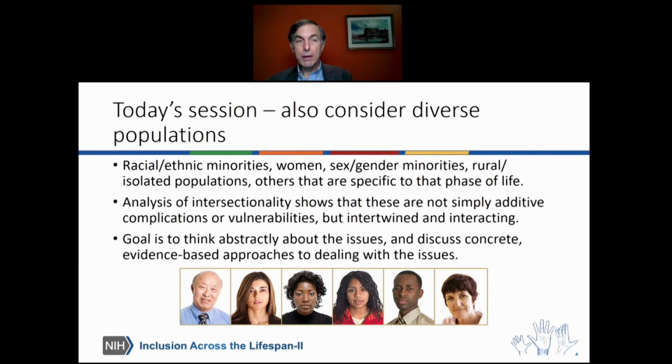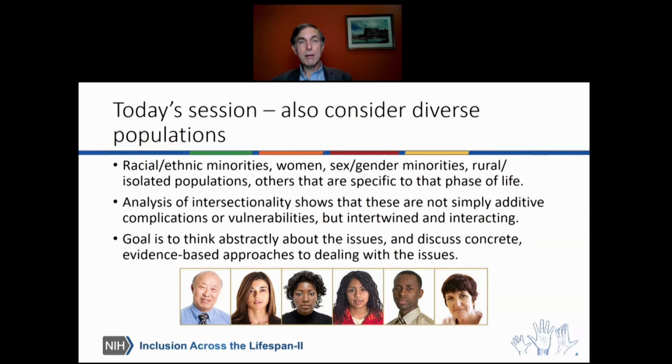So the workshop today on September 2nd, we're broadening the focus to look at diverse populations within the older adult and child age ranges. And specifically, there was a call for looking at racial and ethnic minorities, women, sex and gender minorities, rural isolated populations, and others in those specific ages of life that might encounter additional difficulties in recruitment and retention.